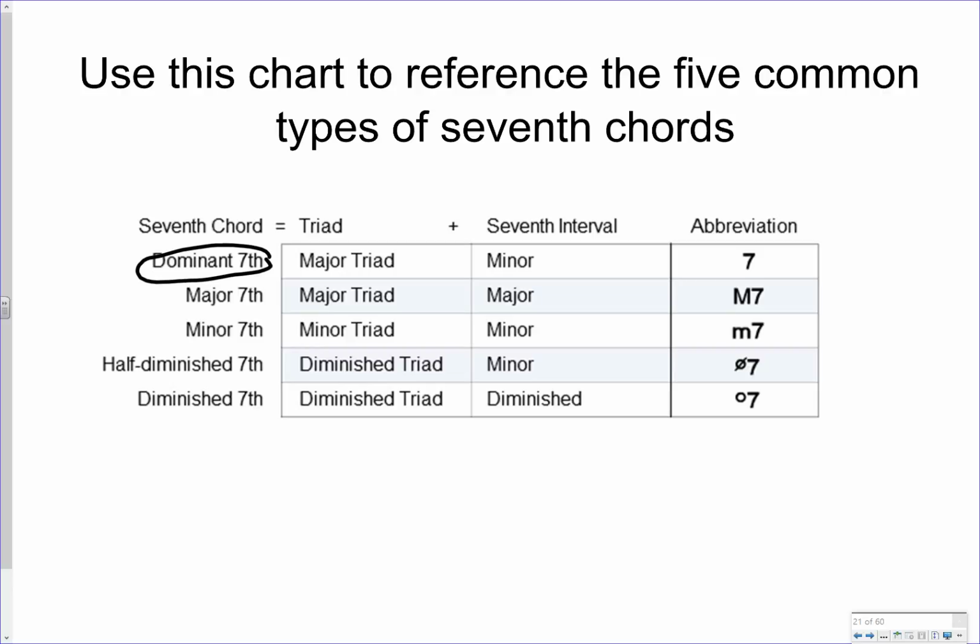Same for minor seventh, same for half-diminished seventh, and same for diminished seventh, which we also now know that diminished seventh or fully diminished seventh are the same thing. And please be careful with your abbreviations.